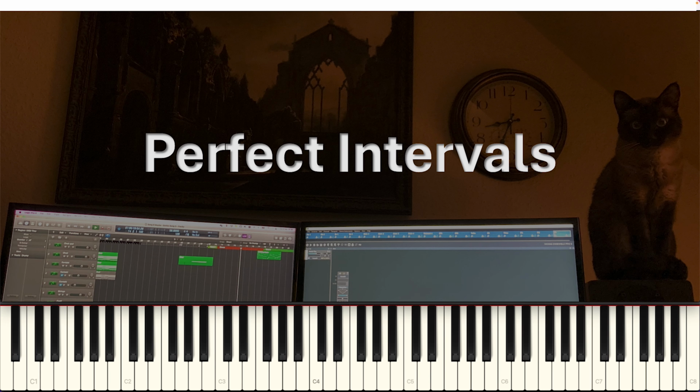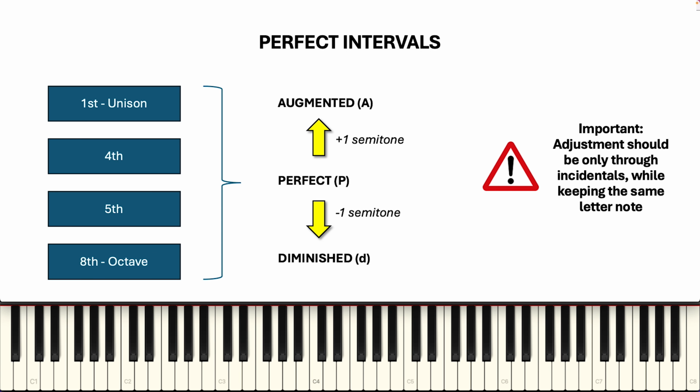So let's start to learn about the perfect intervals. As we said, they can be first interval, which is called a unison, fourth, fifth, and eighth, which is called an octave. So from a perfect position, if we raise the upper note by 1 semitone, we have what we call an augmented quality, or if we lower the upper note by 1 semitone, we have what we call a diminished.